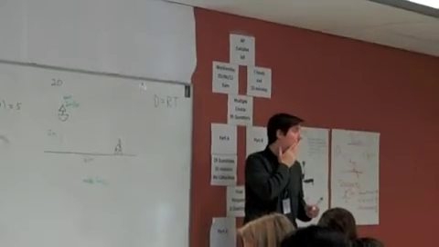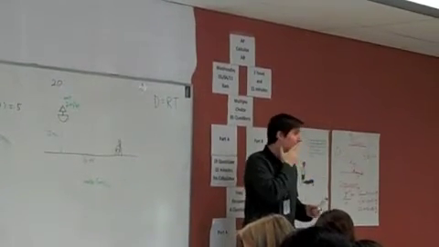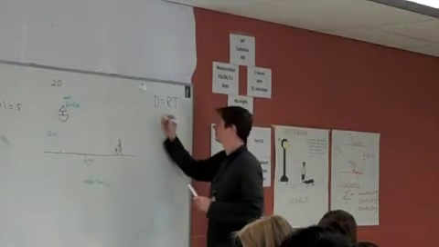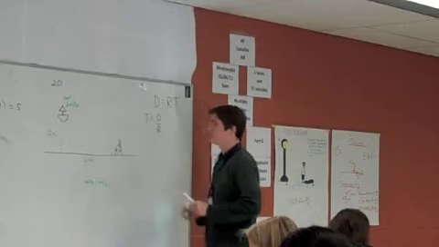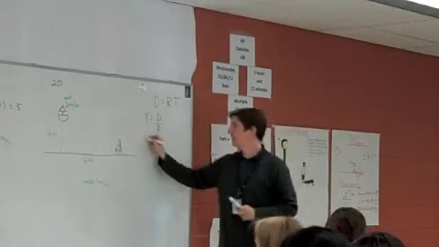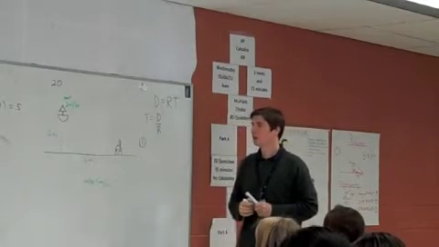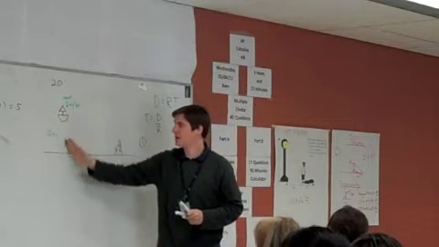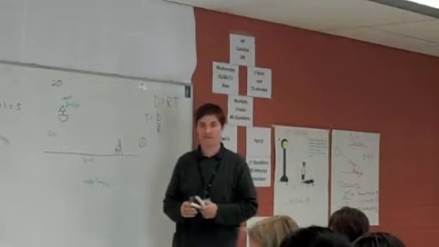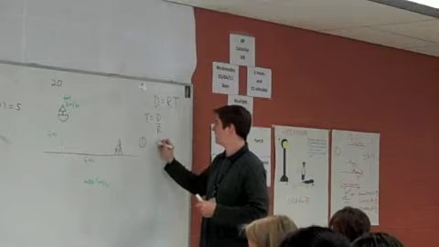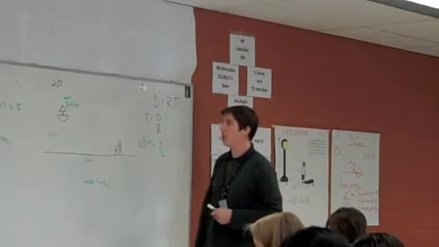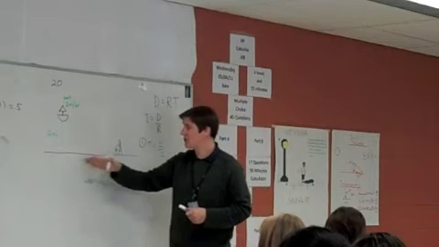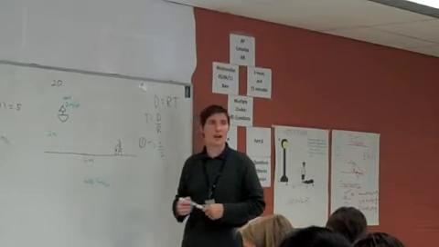What's time equal to? D over R. So let's say that I just want to go directly in. How long is that going to take me? 2 divided by 2, which equals 1 hour. And then how long is it going to take me to walk straight at it?